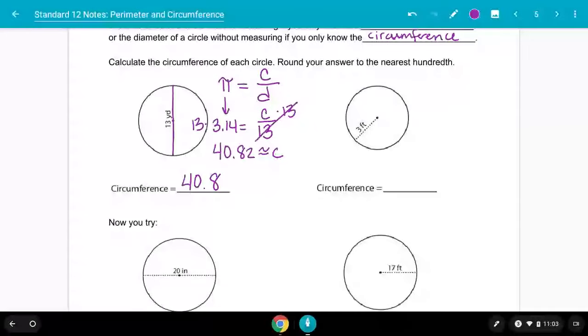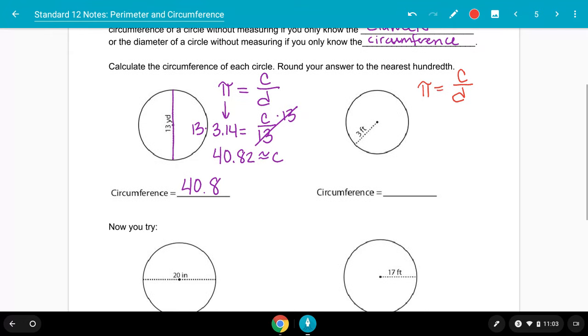This next one, again, what I know is that pi, 3.14, is equal to the circumference over the diameter. Unfortunately, this time I don't have the diameter. However, I have a radius, which is 3 feet, and if I keep going with this radius, now I have the diameter. The diameter is 3 plus 3, which is 6.